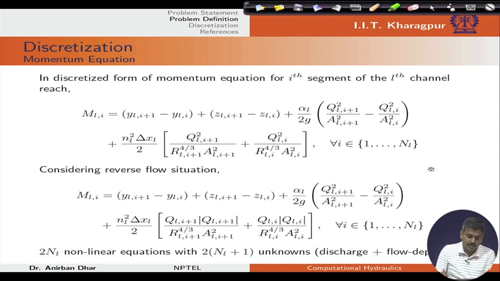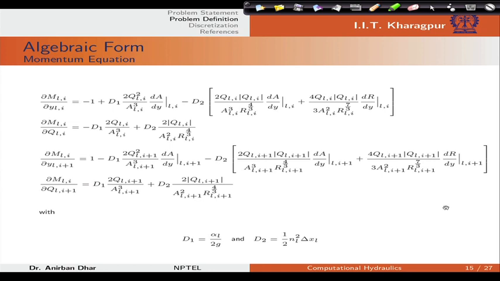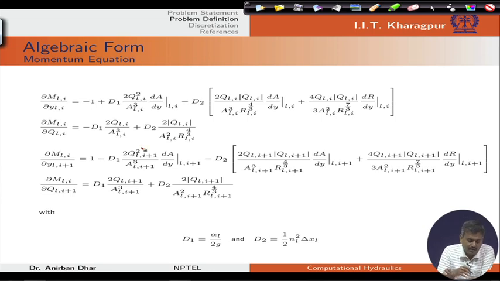Now, obviously in this case we have NL nonlinear equations with NL plus 1 into 2 unknowns, discharge and flow depth. If we write the elements of our momentum equation, this is important because in our previous lecture class we considered all Q squared values in the coefficients, or entries, in the Jacobian matrix.